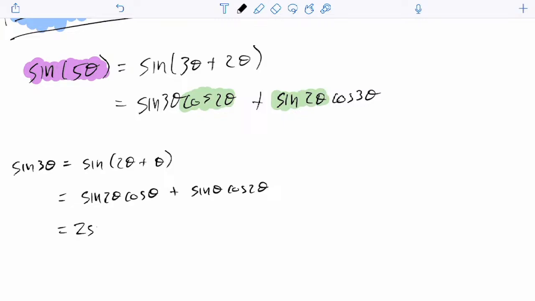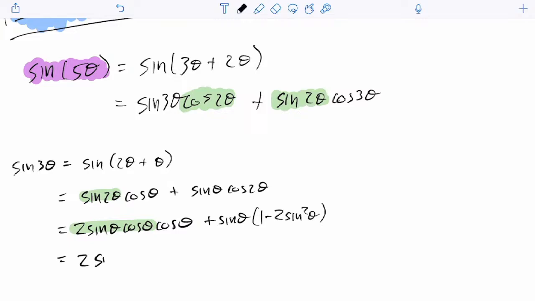So I still got to get rid of these thetas. Again, the sine of 2 theta is 2 sine theta cos theta. That's the substitution I did. So I've got here 2 sine theta cos squared theta plus sine theta minus 2 sine cubed of theta.